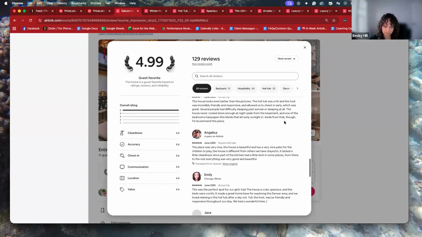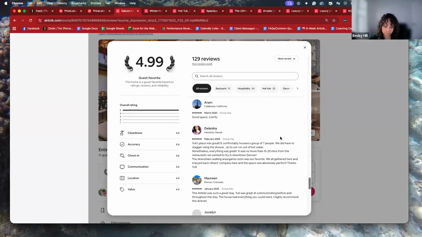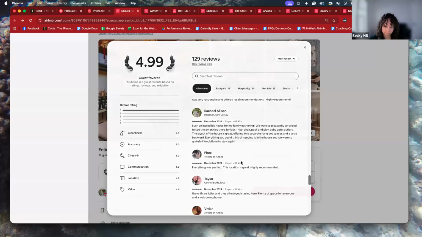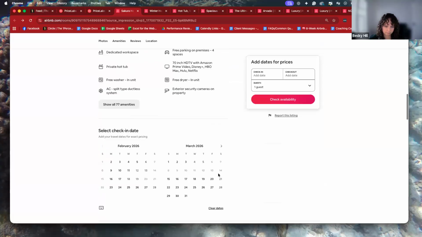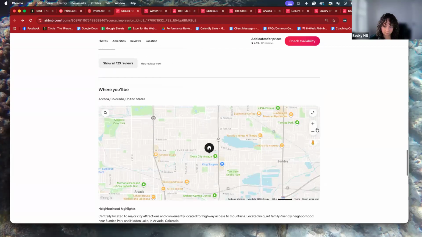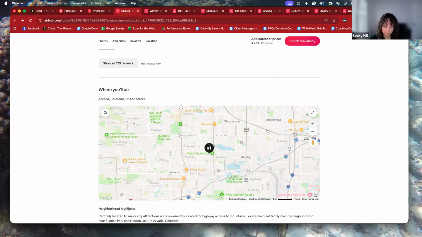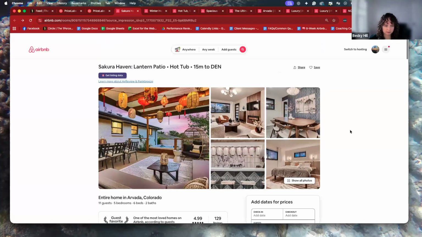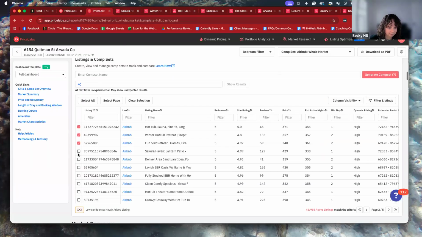It's good. There's the map. Okay, also very close, so property here, very close by. That's good. Great property with a hot tub. So taking that into consideration.